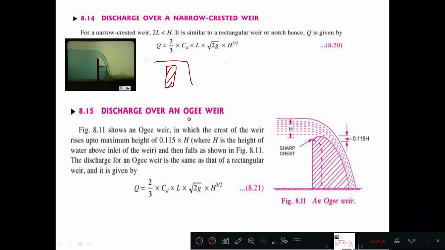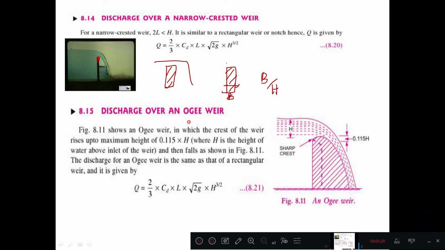Next is the discharge over an Ogee weir. Actually this is a narrow crest, meaning the crest will be like this. By mistake the picture here shows a sharp crested weir. The narrow crest will be like this, and this is B. This B by H ratio is in between 0.625 and 2.5.